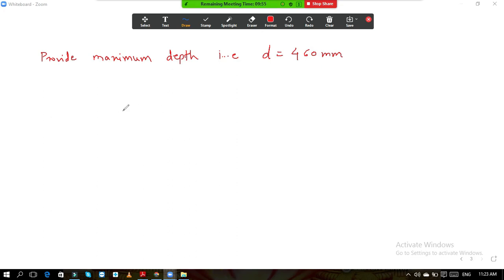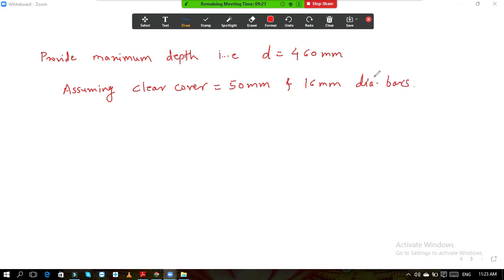So I will write over here: assuming clear cover is equal to 50 mm and 16 mm dia bars.